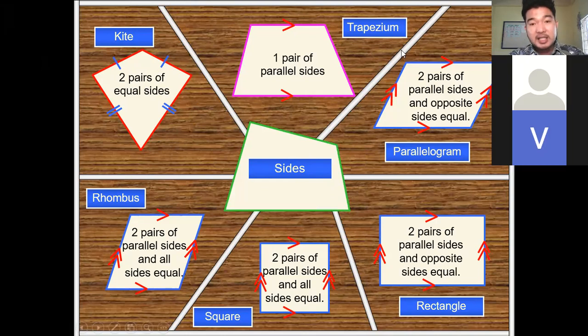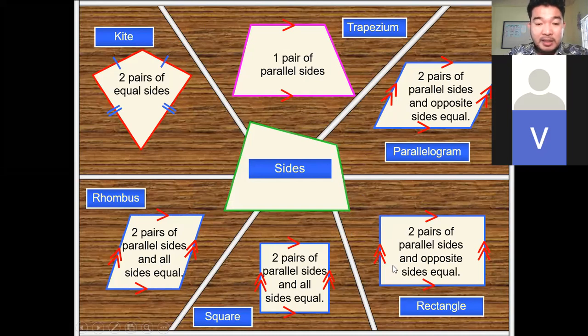So basically, these are the different properties of the different quadrilaterals that we have according to sides. So kung ang sides ang pag-uusapan natin, ito yung properties ng mga quadrilaterals na mayroon tayo. Actually, ang tatandaan nyo lang dito ay tatlo. Yung properties ni parallelogram, yung properties ni trapezium at saka properties ni kite.